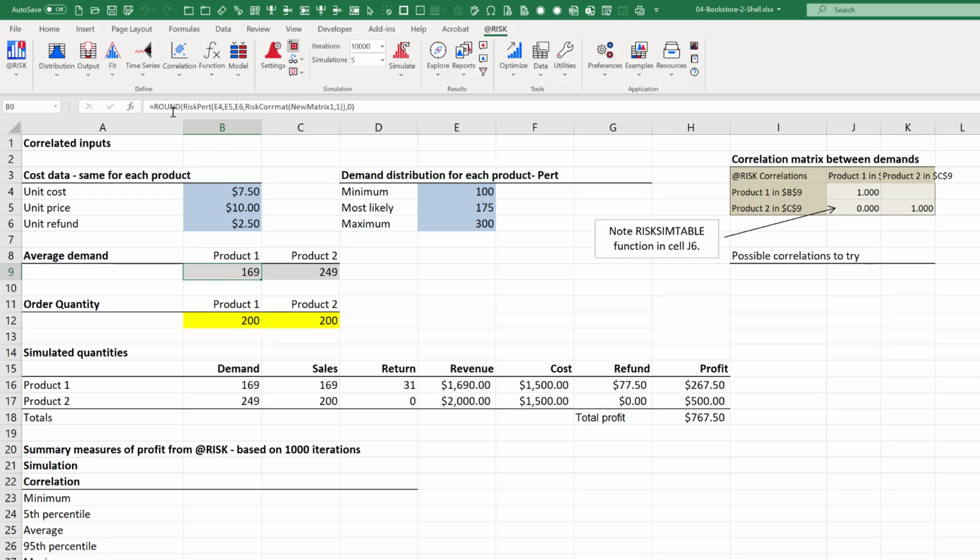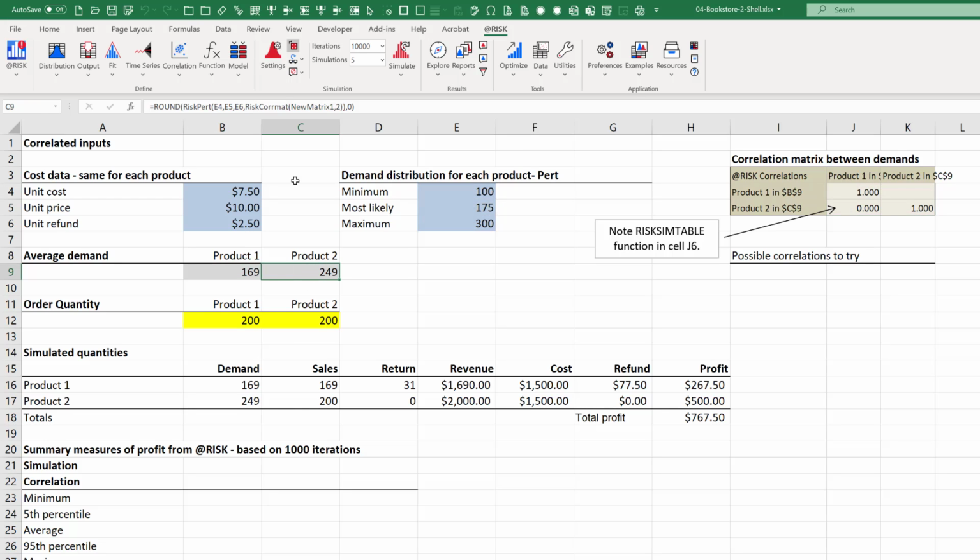See, we only had the risk part, right? So now it has inserted the RiskCorrmat function into it. So it says, okay, RiskCorrmat from the new matrix, which it automatically gave a name, and we could change the name if we wanted. So you take the correlation from the matrix, and it is the first product, product 1.